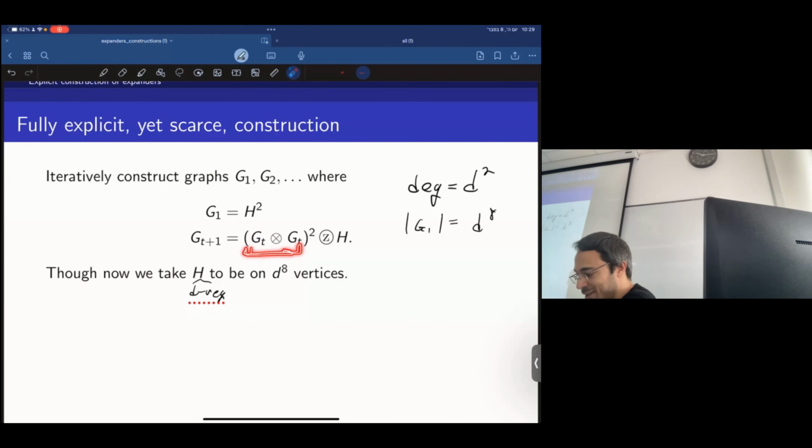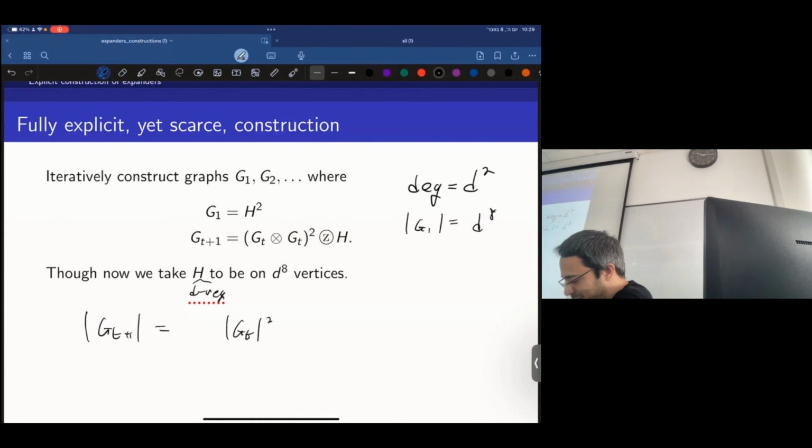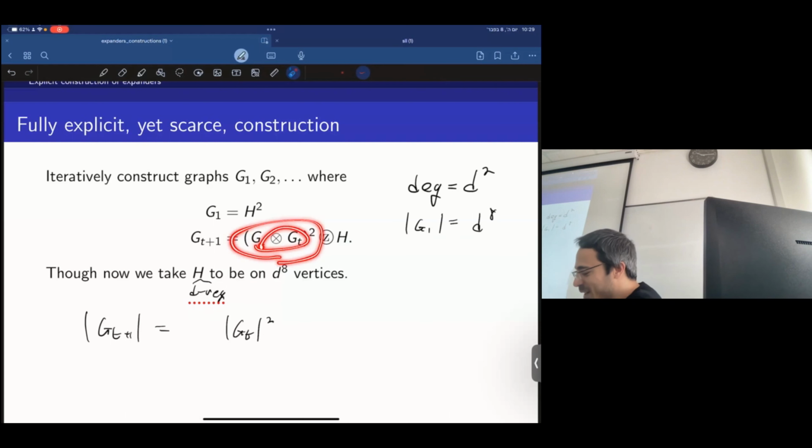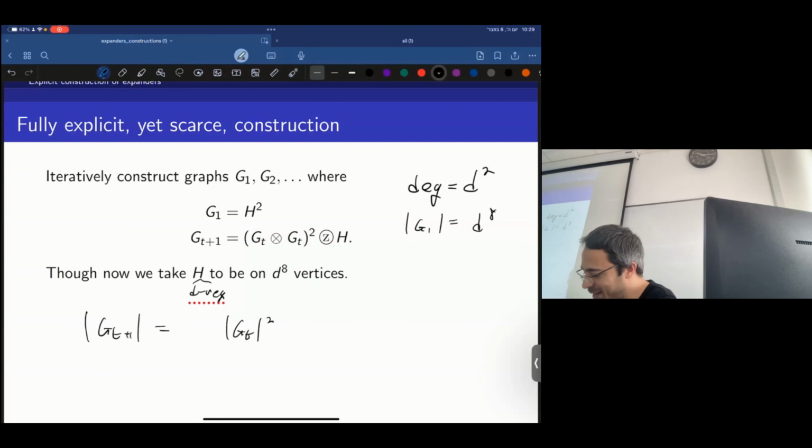That's the feature now. So G_{t+1} is a G_t squared because of that. Not because of the square, actually, because of the tensor. The square doesn't affect anything in terms of size, and the zigzag boosts it even further a little bit. I don't really mind. I'm fine with the square, but times the size of H.